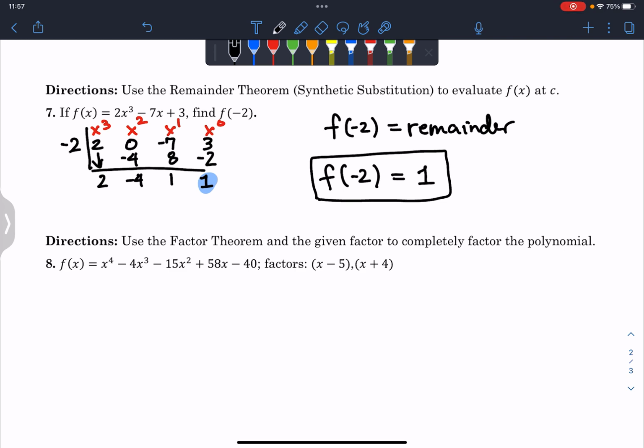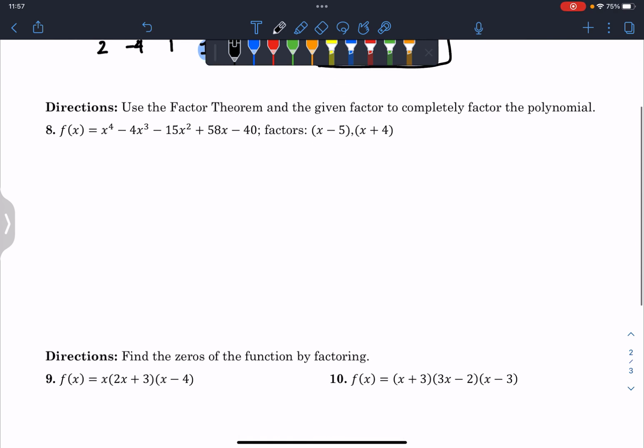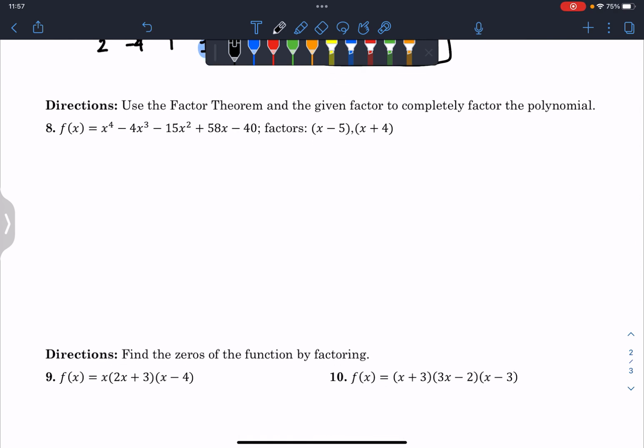Now, for the factor theorem, we're going to use the factor theorem and the two given factors here to factor this polynomial completely. Remember that every polynomial can be written as the product of its factorization. So for this example right here, since we have x to the fourth power, I can write this function as the product of four linear factors.